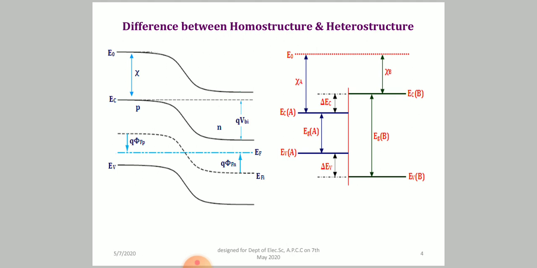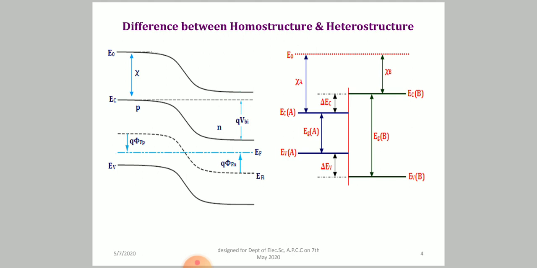So what will we get? If band gaps are different but vacuum level is constant, then electron affinity is different. Obviously, different materials means electron affinity will be different, but vacuum level is constant.